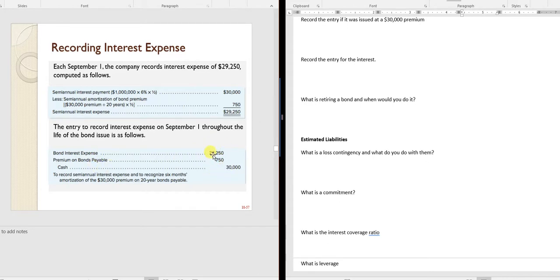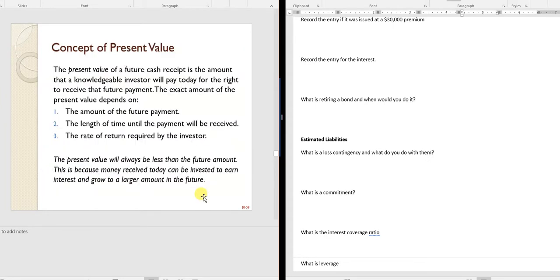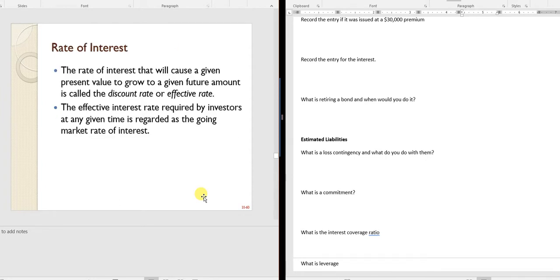So my interest expense is to pull that interest rate down. You can kind of read through that. Discount rate or effective rate is what it's earning. It's usually what we try to do is get the discount or effective rate to be equal to the market.